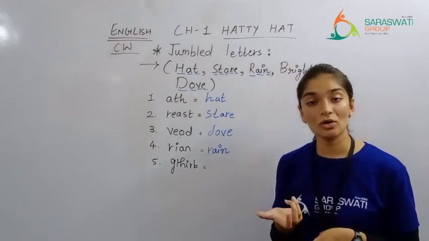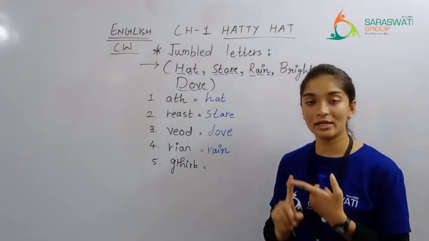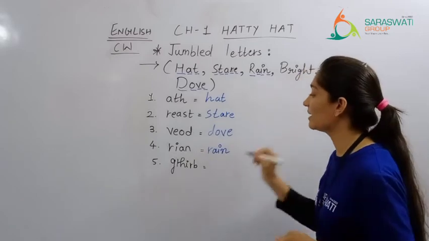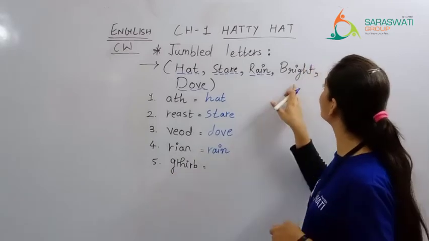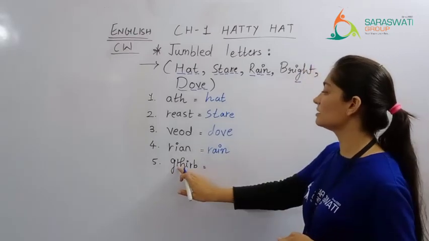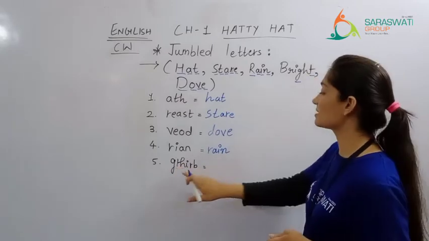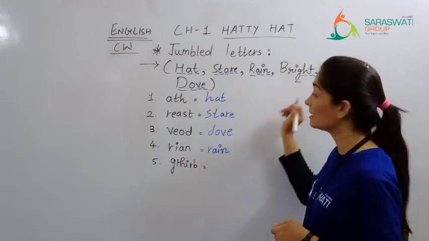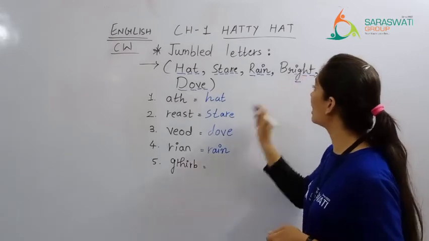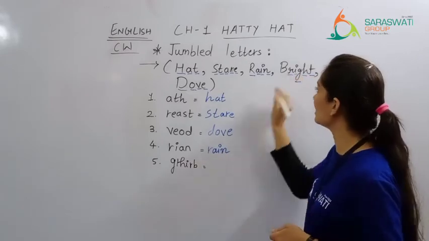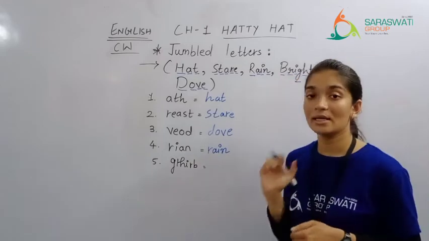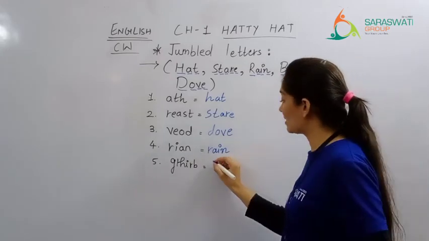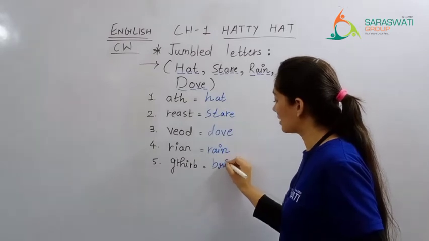So હવે we are sure that this is the only word left. એક જ word બચ્યો છે. So we would be comparing the letters. G, it has D, yes. T, it has T. H, yes. I, yes. R, yes. B, yes. So the word is bright. So we will be writing here bright.